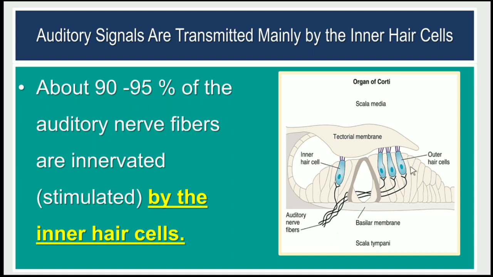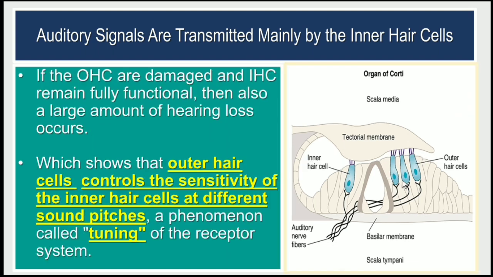They are also very important. If the outer hair cells are damaged and all the inner hair cells remain fully functional, then also a large amount of hearing loss occurs. It means that outer hair cells also have a very important role.